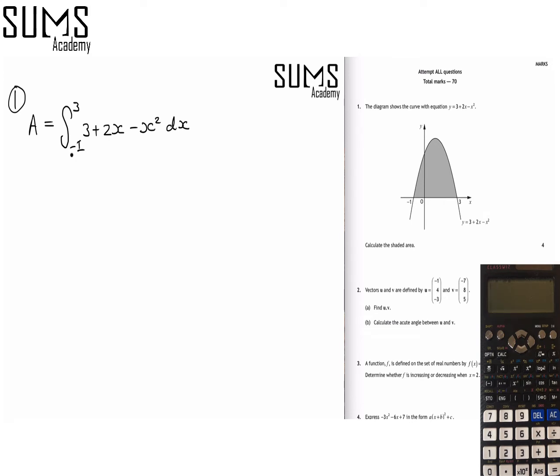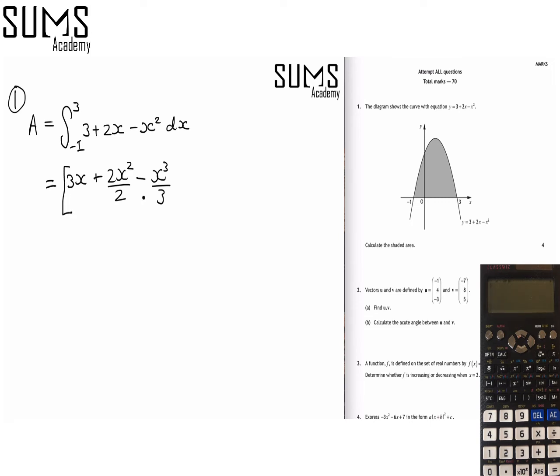Okay, so let's start to integrate this expression. So to start off with, 3 integrated is just 3x: increase the power, divide by 1, 1 doesn't do anything. Plus 2x, increase the power by 1, divide by that same power, 2. And then x squared goes to x cubed over 3.